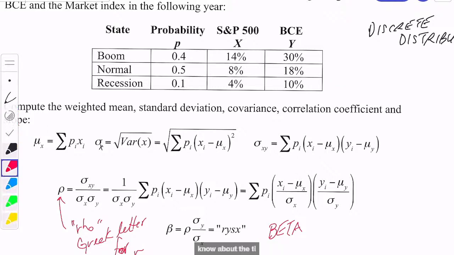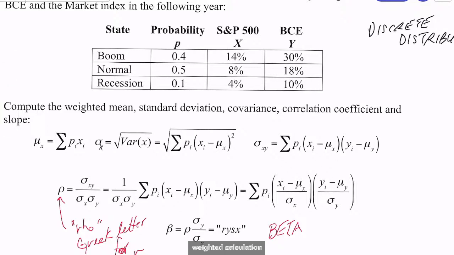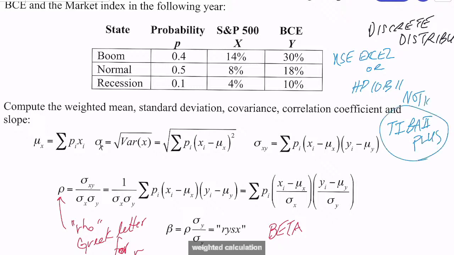I don't know about the TI-80, but the TI 10B2 Plus does not do this weighted calculation. It's not possible.